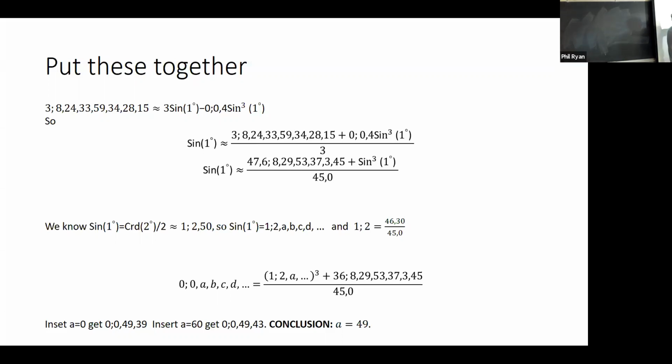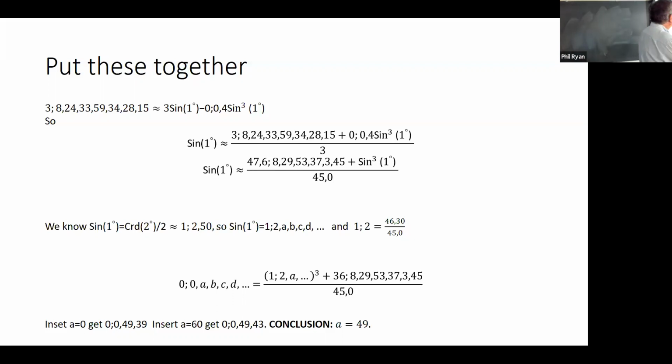So now he's got a formula for sine of 1 degree, and he's going to approximate sine of 1 degree. So he takes this sine of 1 degree and he solves for it. Okay? And so here we've got sine cubed of 1 degree over that. And so he wants to turn that into a unit, so he multiplies top and bottom by 45 times 60, whatever that is.